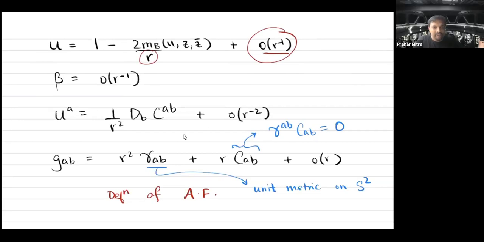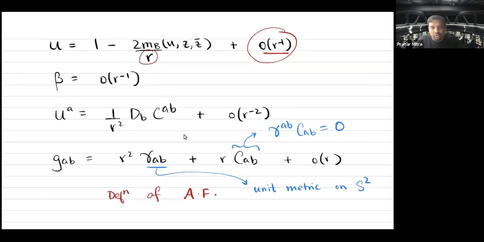I'm keeping little o notation because of the log terms that you could have. So if I say big O 1 over r squared, then that might be a problem. The point is that you could, in principle, have log terms in these subleading coefficients, which also have importance. As Alok mentioned some of these in his talk. Ashok also talked about these.